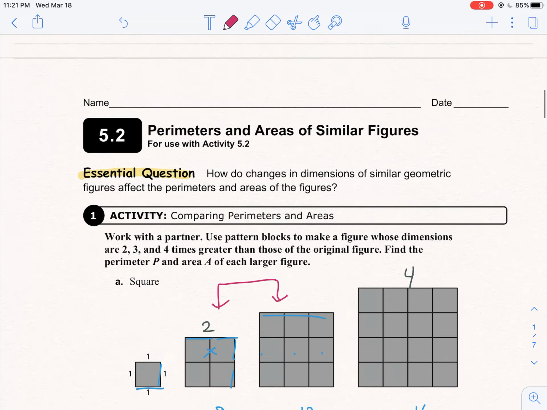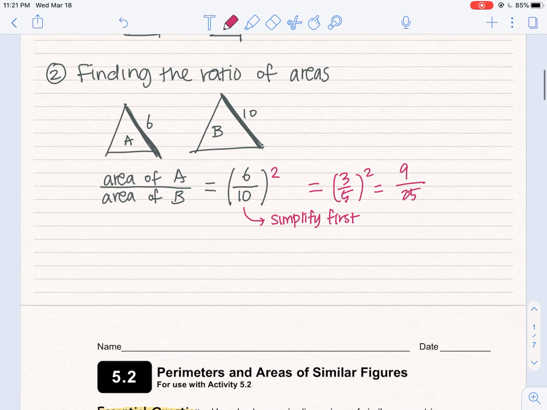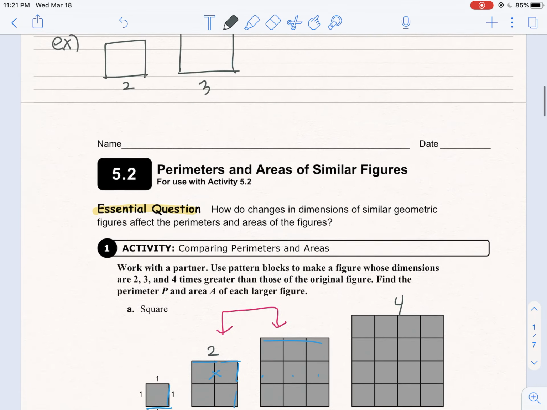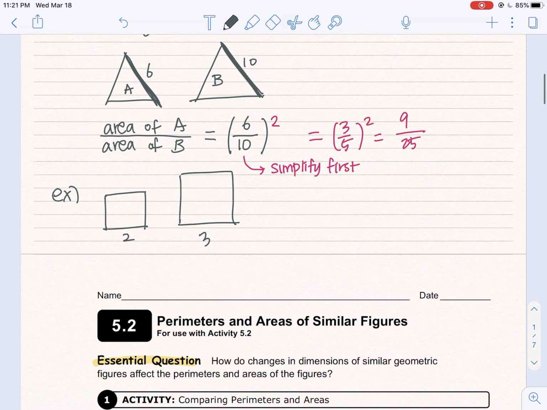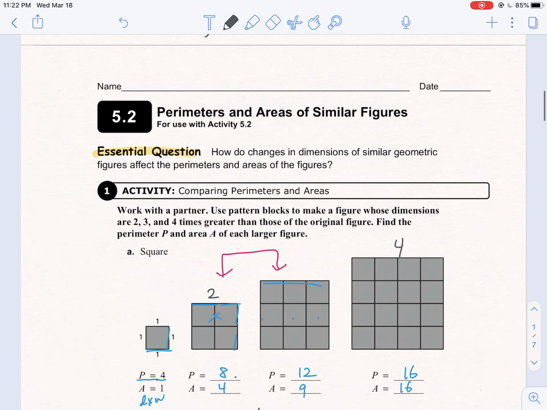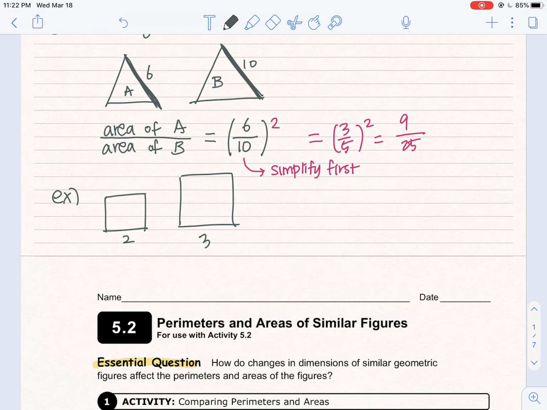So let's use this one, these two. Right? So I'm going to draw an example. Okay. This is 2. And this is, let's say, 3. Okay. Actually, did I say 3? Yeah, 3. Okay. So one side is 2 and the other side is 3.